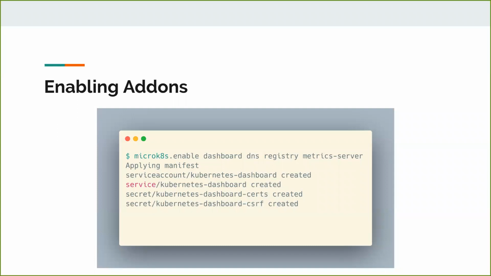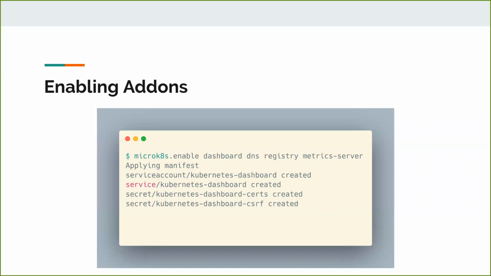It's pretty standard. I'm actually creating a Docker registry that's hosted inside of my MicroK8s. So if you want to play with publishing images and pulling those without actually having to go outside of your own system, you can do that. You can just publish right to the local repository. There's no security on it, so just be aware. And then I'm installing metrics server.